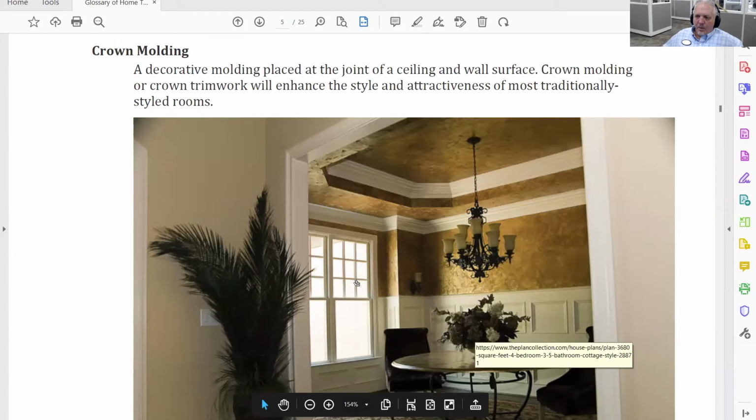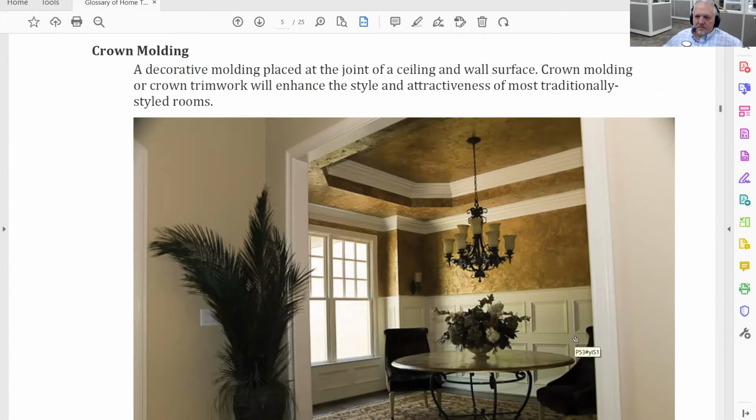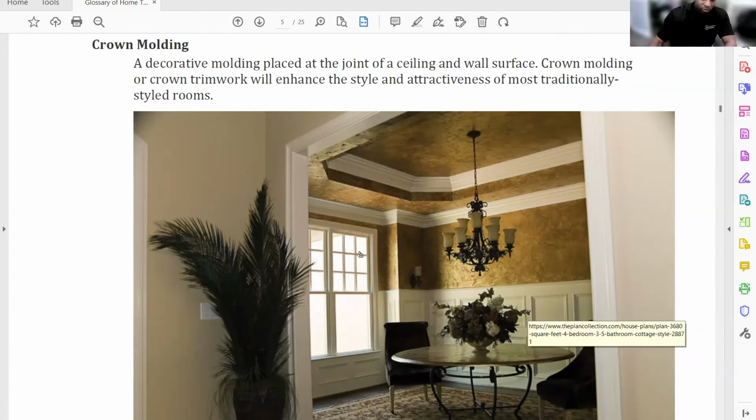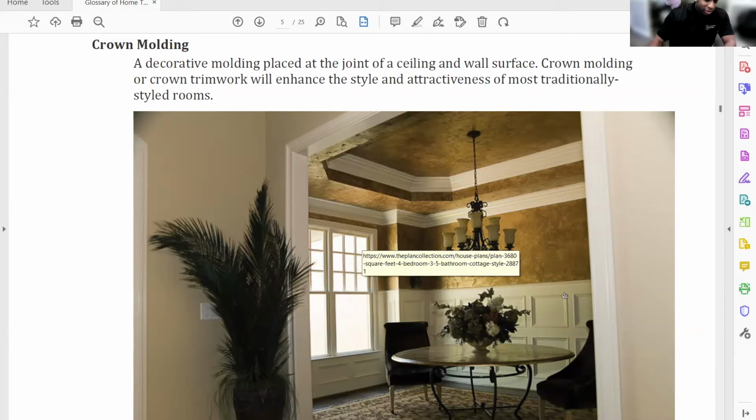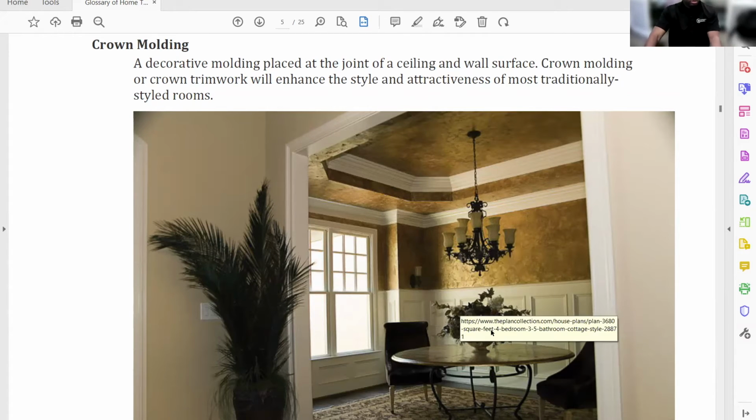What do you call this grid pattern right here in a window? Anybody know? Starts with an M. I was going to say matte, but I was like, no, that's a color thing.